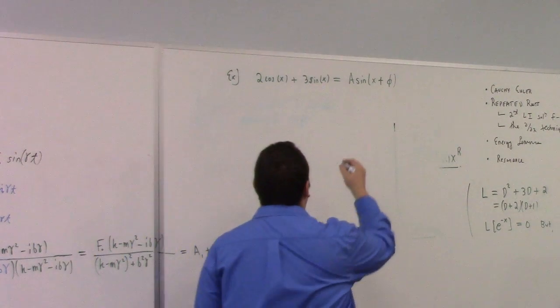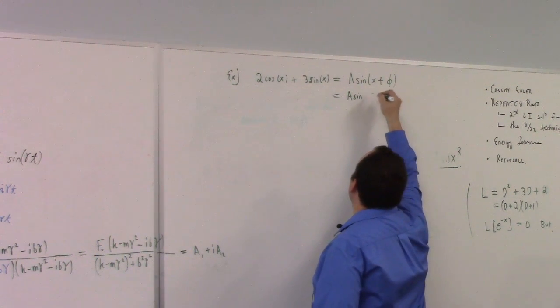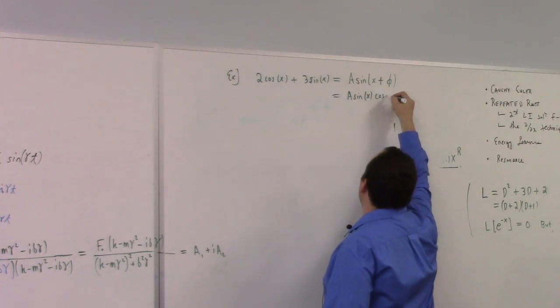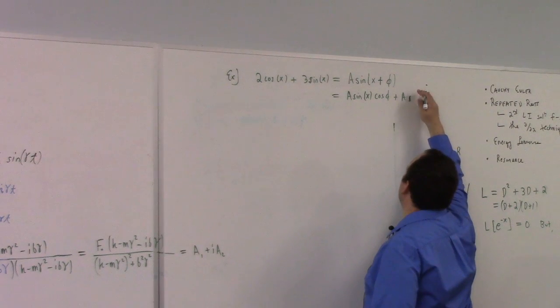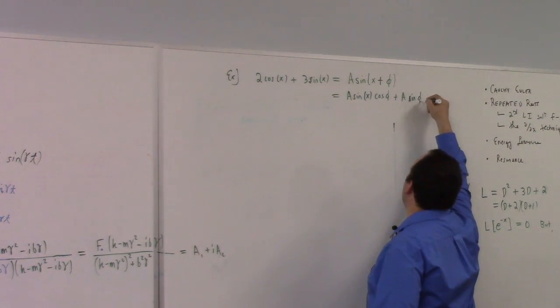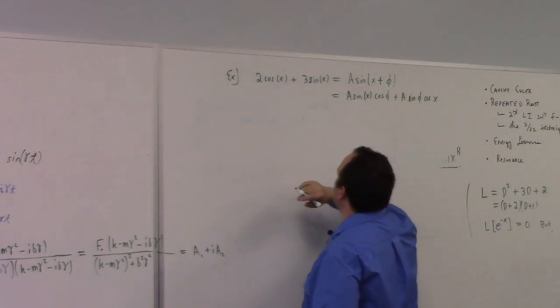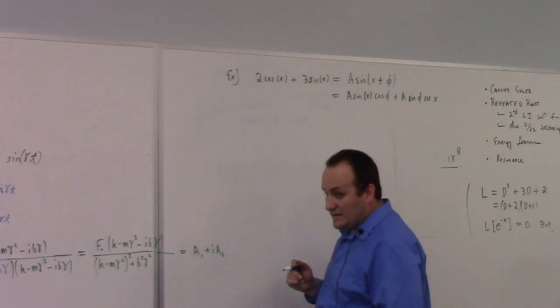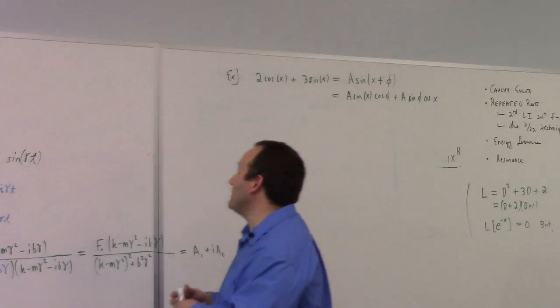Let me work backwards. So this is like a sine x cosine phi plus a sine phi cosine x. So if sine and cosine are linearly independent, they are, we can equate coefficients.